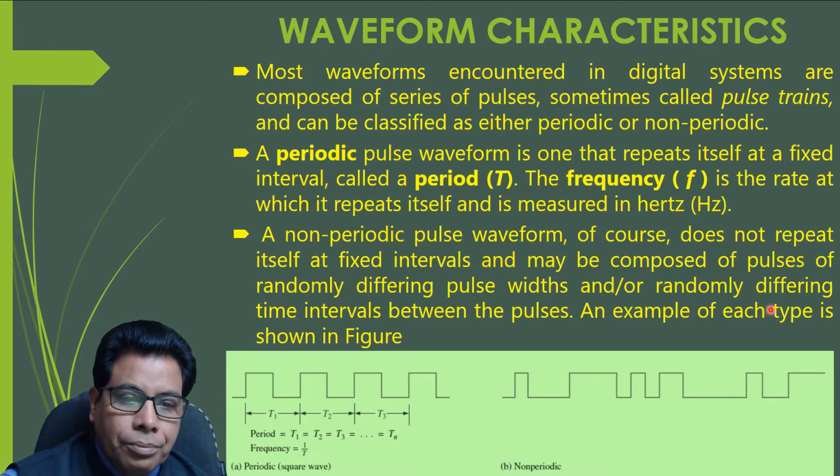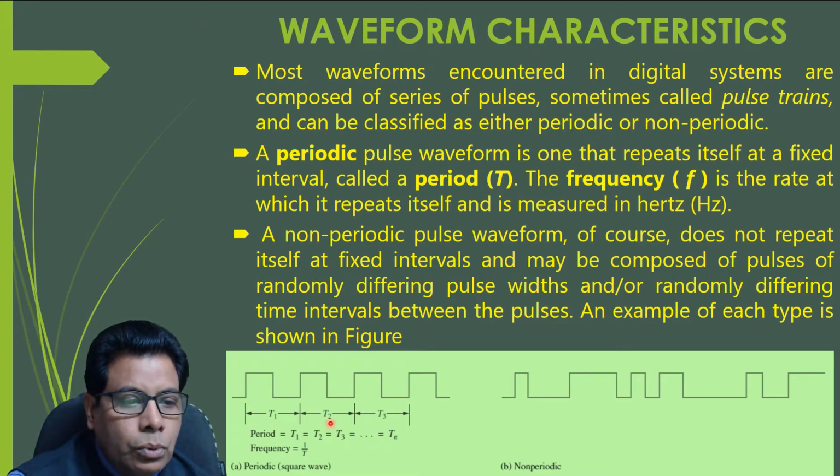So if you look at this figure, here we have the periodic square wave. It will repeat itself at a fixed interval. Here you can see this is the positive pulse and this is the negative pulse, and again it is repeated. So T1 is the total period of the square wave.